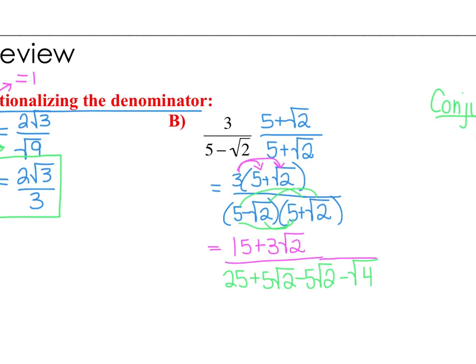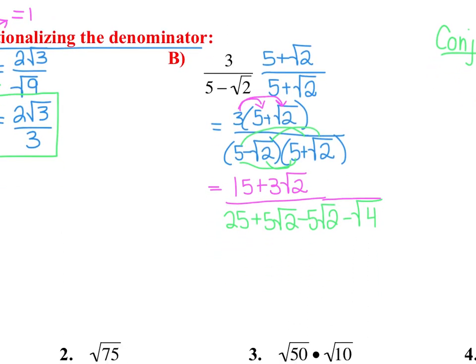At this point, you're going to clean up anything that you can in the numerator if possible. If not, that's okay. The denominator, you are always going to be able to get rid of some things, because, okay, 15 plus 3 root 2, nothing I could do with that. So I leave my numerator. My denominator, notice what happened. My outside, inside, because I took a binomial and multiplied it by its conjugate, what is going to happen 100% of the time is your outside and inside cancel each other every single time.